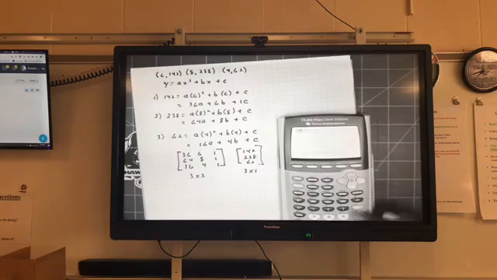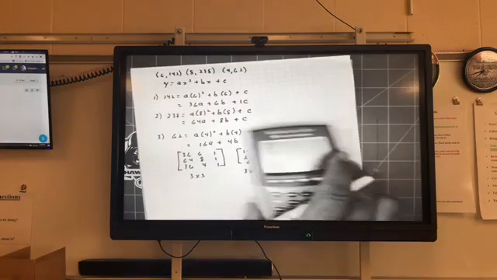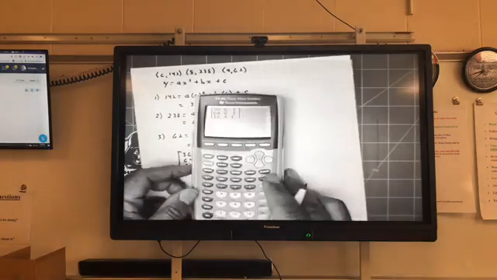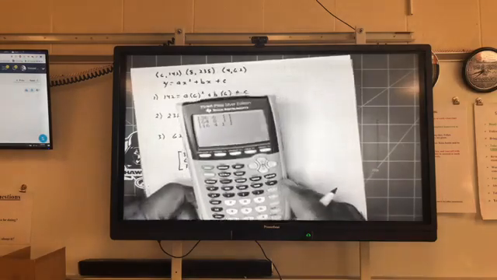And put our numbers in. 36, 6, 1, 64, 8, 1, 16, 4, and 1. So it should look like this. I don't know if you can see that or not.